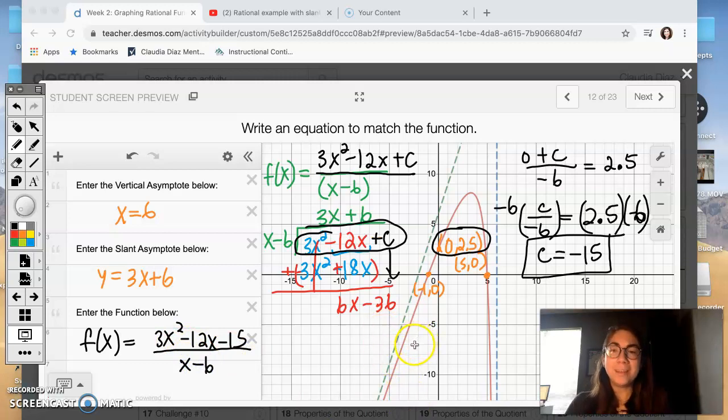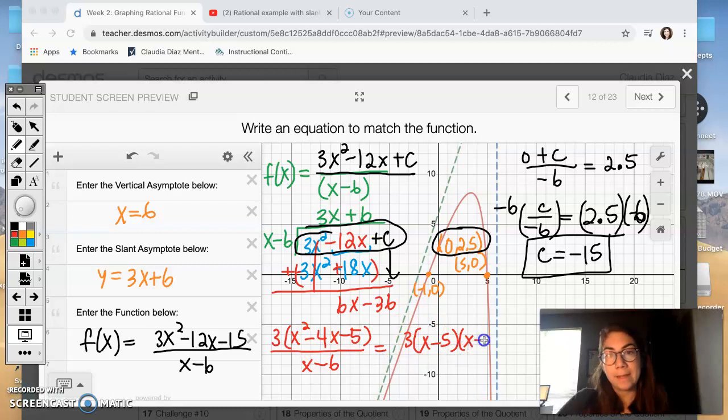And then if you want to double check, make sure that's right, let's factor out the numerator. So they all have a 3 in common. You're left with x squared minus 4x minus 5 all over x minus 6. And then if we factor that trinomial, you should get x minus 5 and x plus 1 over x minus 6, right?